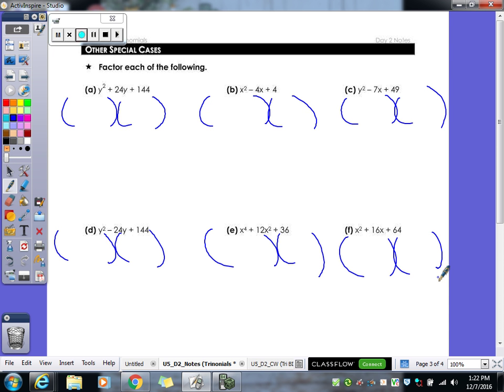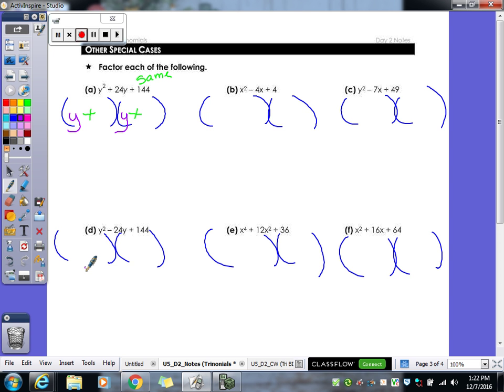So again, let's look at these first 3. Look at the last sign, is it same or different? What does that plus mean? Same or different? Same. Now, I look at the first sign, it's plus. That means they're both going to be plus. All right, Seth, what goes in the first position? I want y squared, so what goes in the first position? Well, y times y. All right, now, we got to look at our last position.